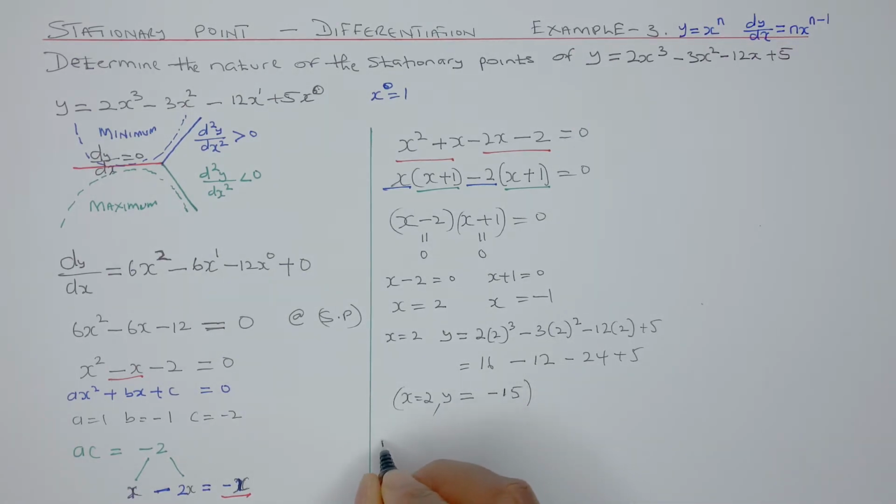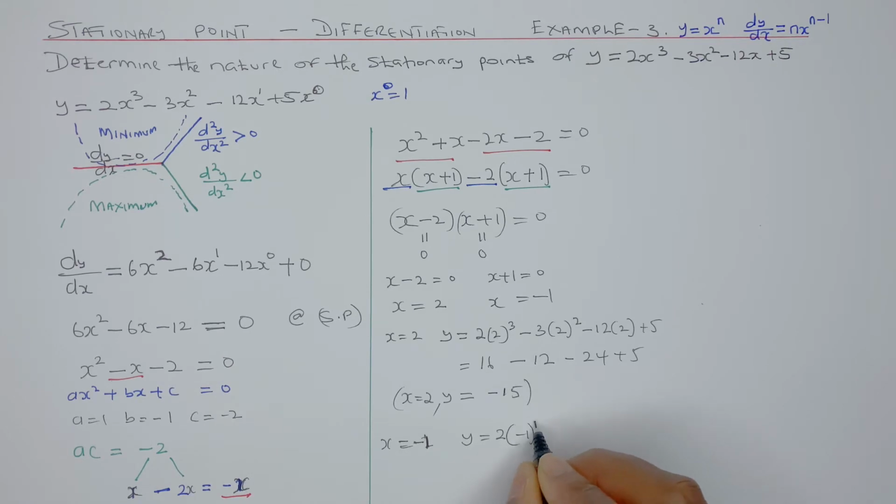And the other point is when x equals minus 1. What is y? So we get y equals 2 times bracket minus 1 cubed, minus 3 times bracket minus 1 squared, minus 12 times bracket minus 1, plus 5.